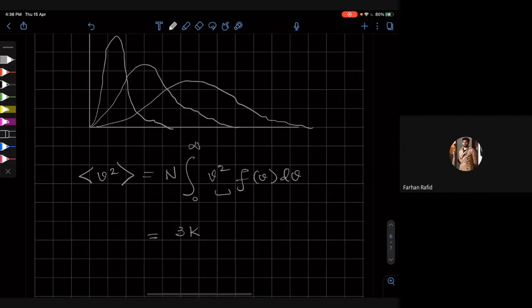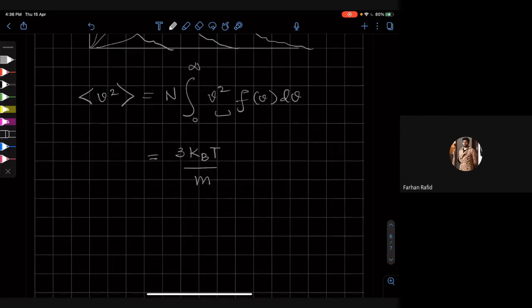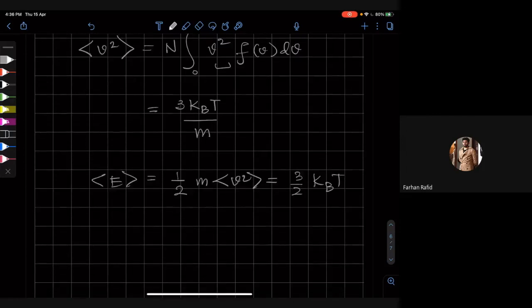If you do this, you get 3 kBT over m, and therefore the average energy of your gas molecules, half m v squared, is 3/2 kBT, which is exactly the result that we derived before. Remember that when we did the equipartition theorem, it gave us exactly this result, right? So things are very consistent.